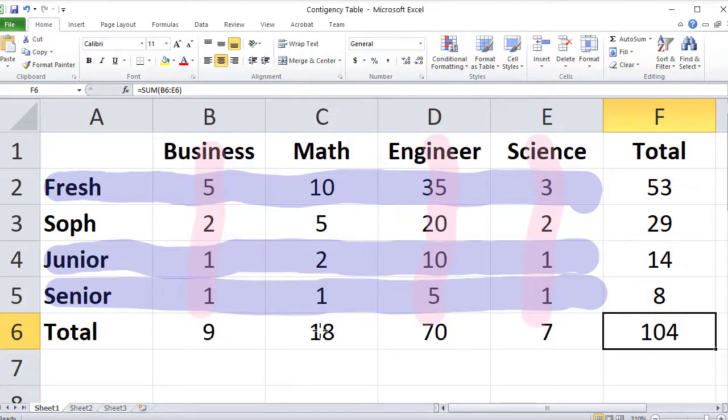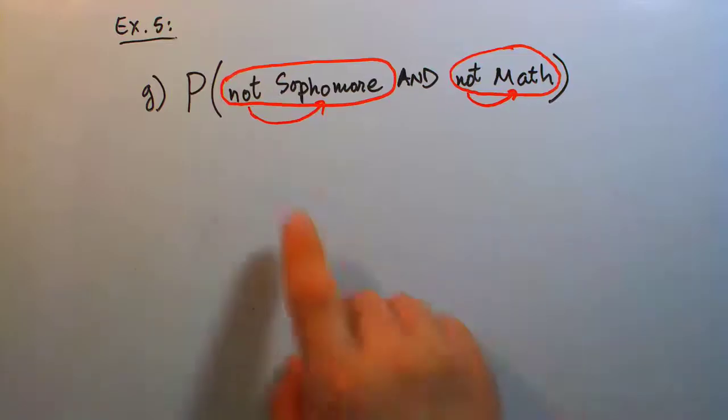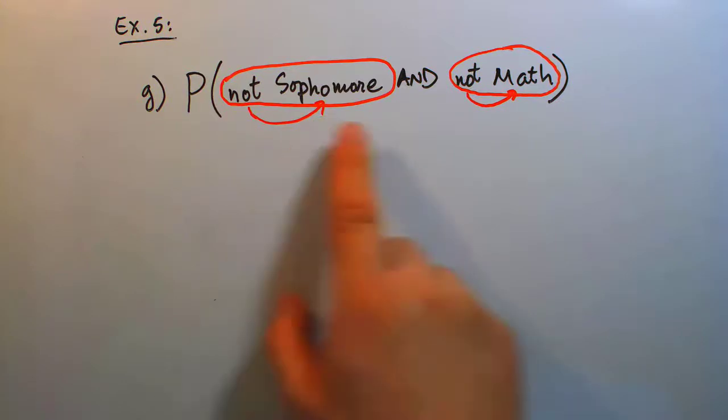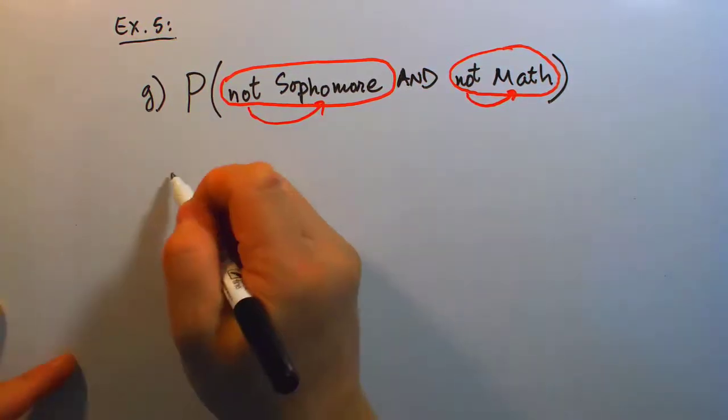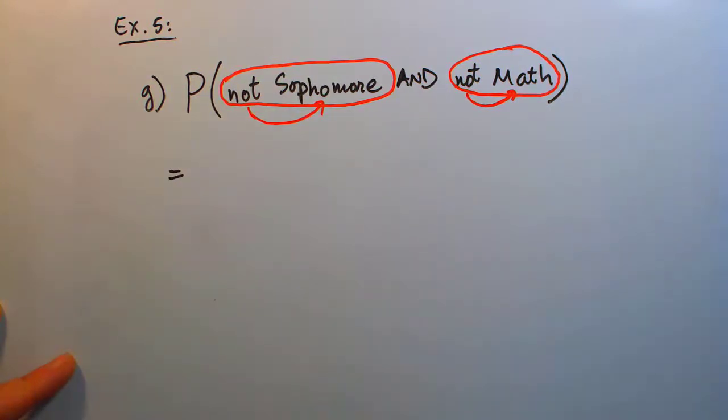Once again, the overlapping of the two colors would be where we identify those outcomes. So those outcomes that meet the two requirements, non-sophomore and non-math major, let's go ahead and look through the table one more time and collect all of the intersection entries right here.